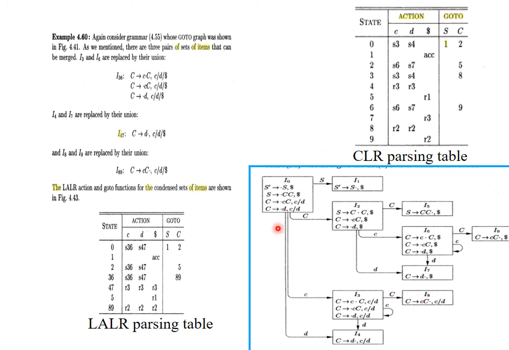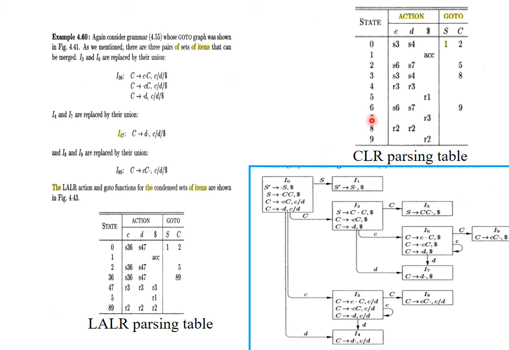So we can remove one of the states and rename it. Since 3 and 6 can be combined, I can cut off either 3 or 6. Normally we cut off the latest one, so we maintain 3 and rename it as 36. Wherever S3 or S6 comes, we have to rename it as S36.